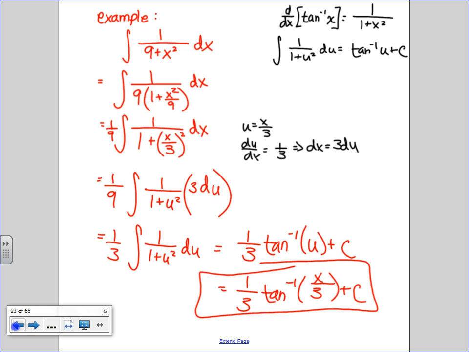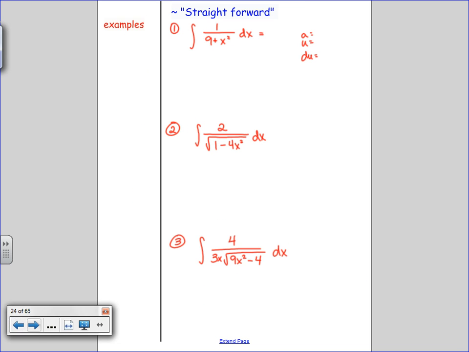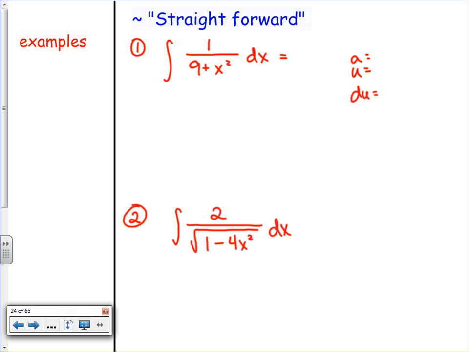Or, look at your rule. Look at what you wrote down in forever number 44. I could say a is what? 3. And u is x. a squared plus u squared. So I could do this entire problem just with my forever card and say, hey, so now I'm thinking about an a, and an a squared, that's a 3. u is the square root of, that's an x.